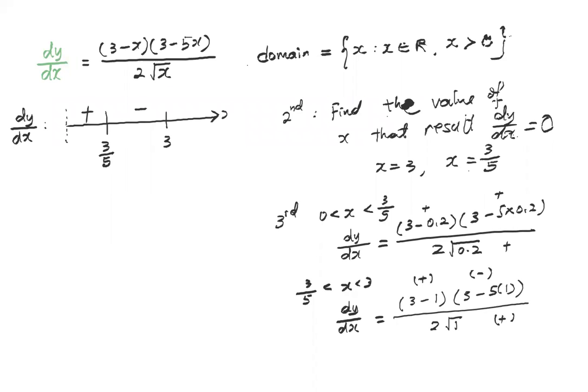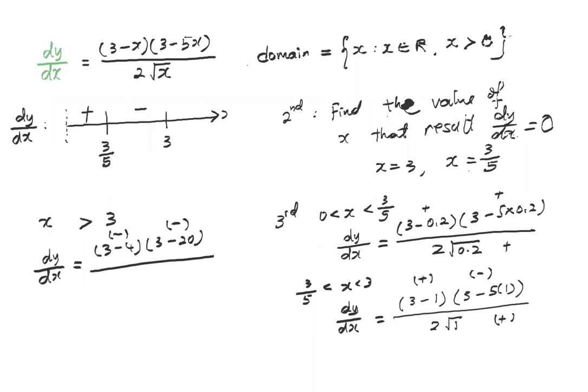Now, the third region will be x greater than 3. So for dy/dx, I don't want to take such a big number. I just take a small number. 3 minus 4, I got negative. 3 minus 20, definitely negative.